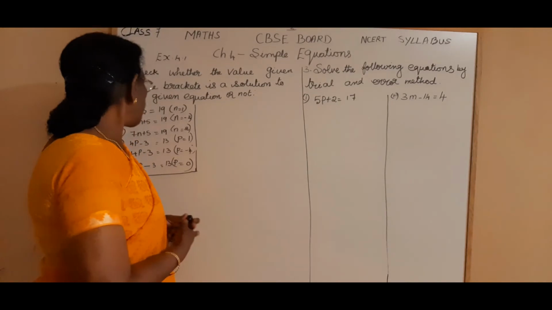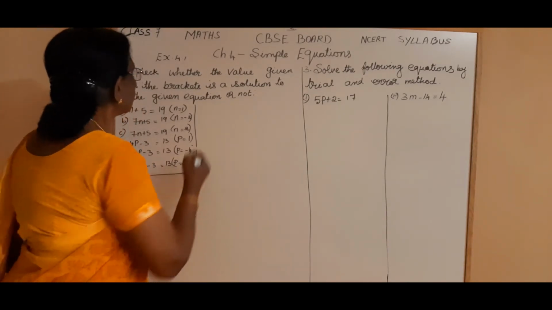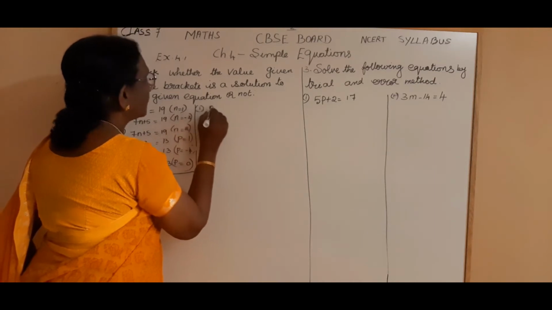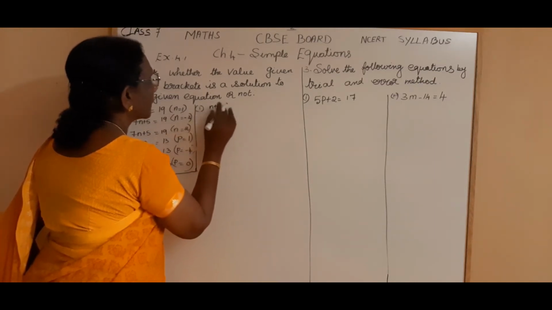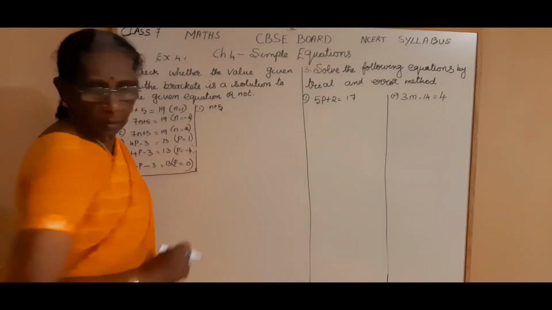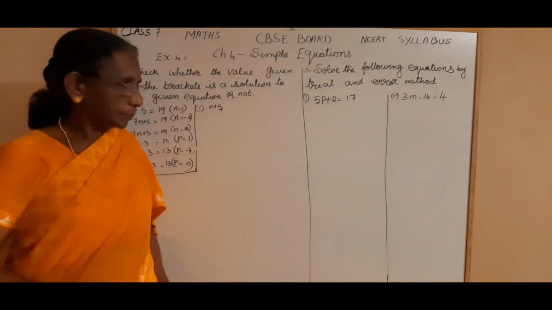Okay, so first sum is n plus 5. Before going to the sum, I'll explain with an example.